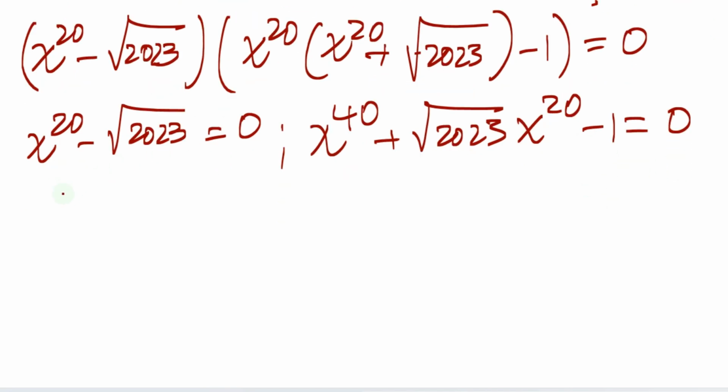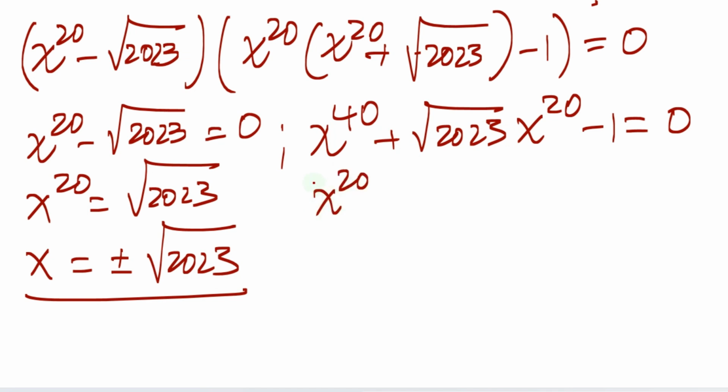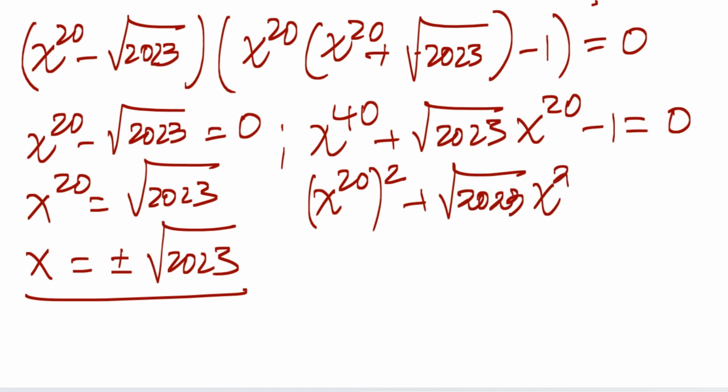So from here, guys, we're gonna have x to the 20 equals square root of 2023, and then x will be equal to plus or minus the 20th root of square root of 2023. Okay, and then we're gonna solve this to find other values of x. This is x to the 20, to the power of 2, plus square root of 2023 times x to the 20, minus 1, equals 0.